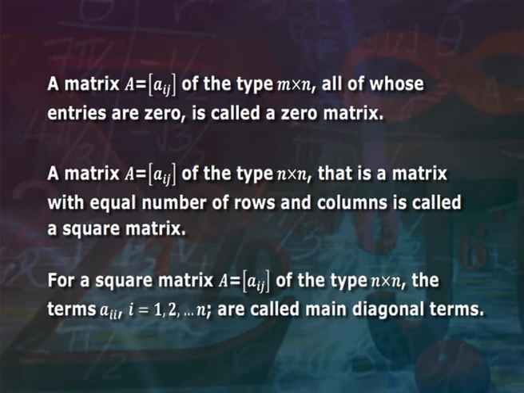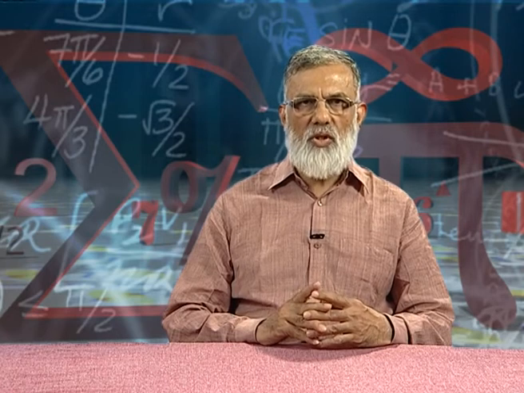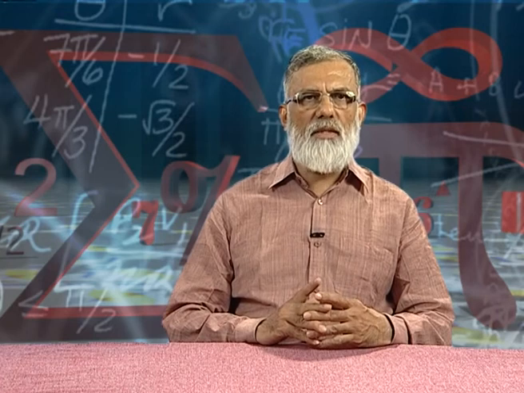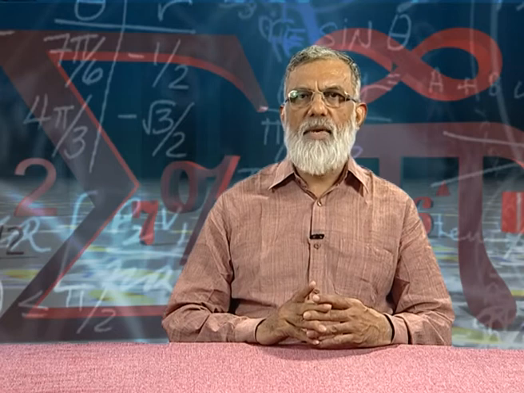For a square matrix A equals [aij] of the type n by n, the terms aii, i equal to 1, 2 up to n, are called main diagonal terms. If in a square matrix all terms on the main diagonal are 1, and off the main diagonal all the terms are 0, then the matrix is called the identity matrix.